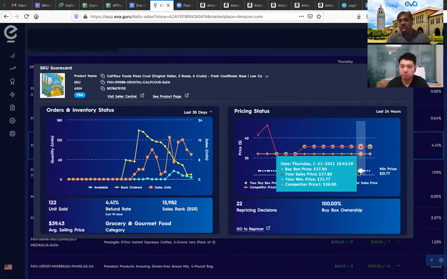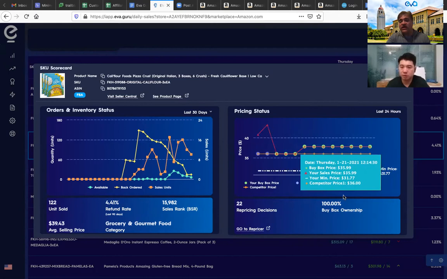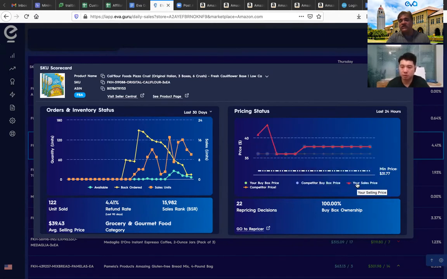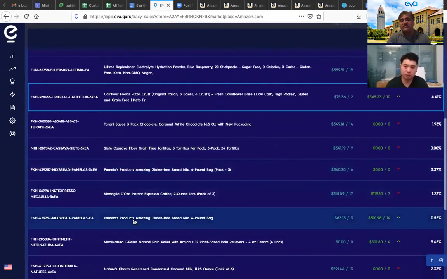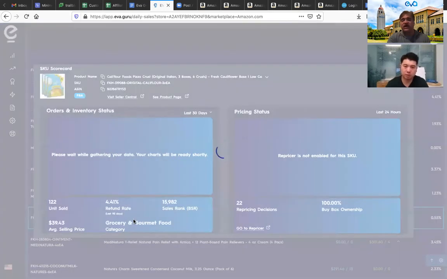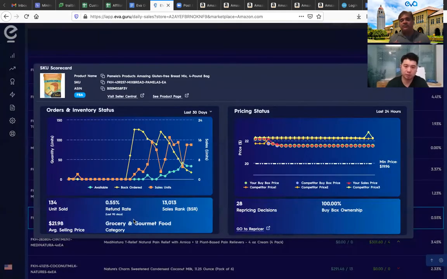And it's all happening visually, where you see what's going on with sales. The red guy is the customer, and the orange guy is our competitor. So that's the beauty. And for every single SKU, I'm going to show it for another one. For every single SKU, there is a different graphic, which is reconstructed on demand.